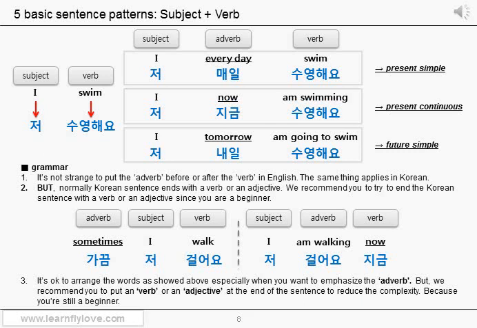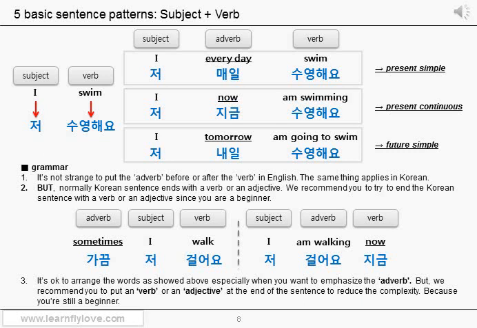In the first sentence, the adverb sometimes came before the subject I. And in the second sentence, the adverb now came after the verb walking. The point is, you can position the adverb anywhere you want, even in a Korean sentence. But it is better for you to think that a Korean sentence always ends with a verb or an adjective.